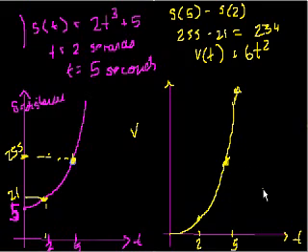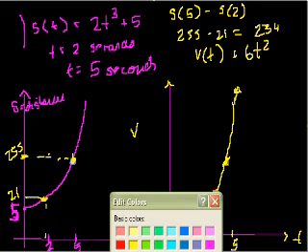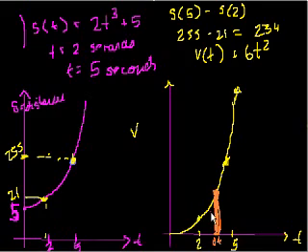Well, I could do it the way that we learned in the previous video, where I draw a bunch of small rectangles, each of a really small width, and I multiply it times its instantaneous velocity at that exact moment, right? And then I sum up all of those rectangles. All right, look how pretty that is.